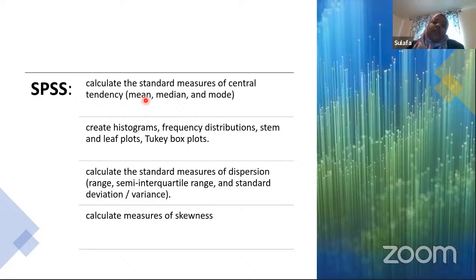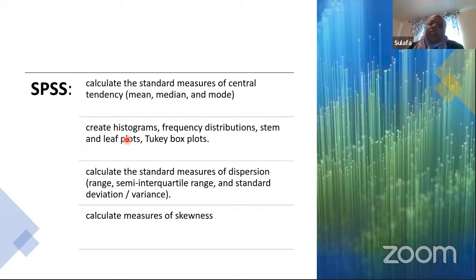So if we have temperature and would like to give a central tendency estimate, we can use the mean, median, and mode. And there is a difference, as you know, on when to use the mean, median, or mode.